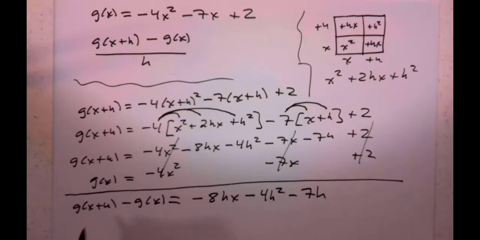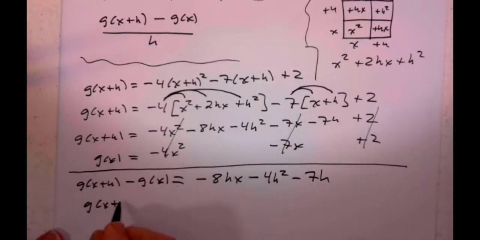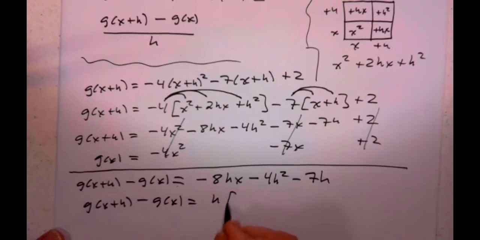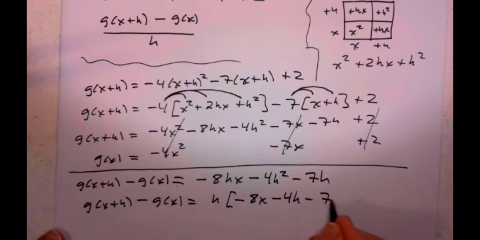And I can factor an h out of that. So my next line, g of x plus h minus g of x, factoring out the h, and I get negative 8x minus 4h minus 7.